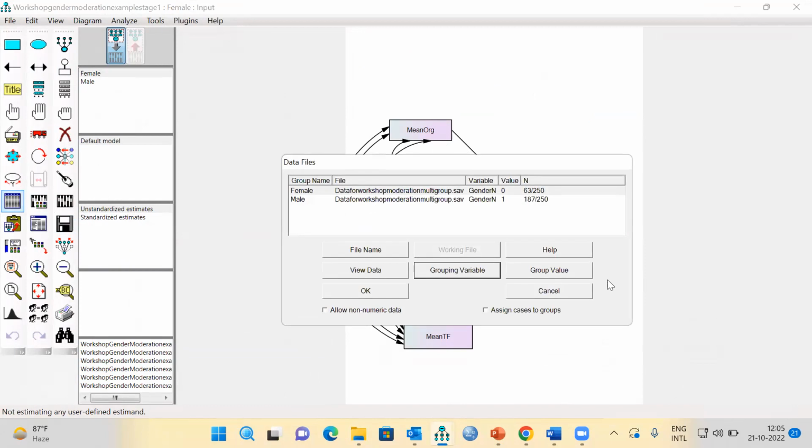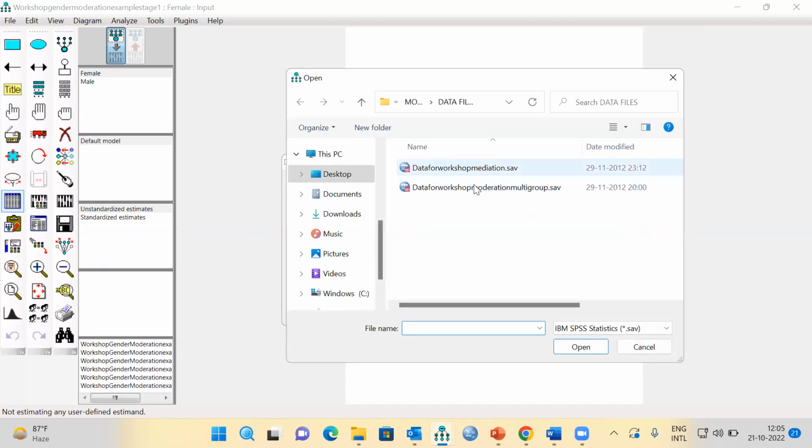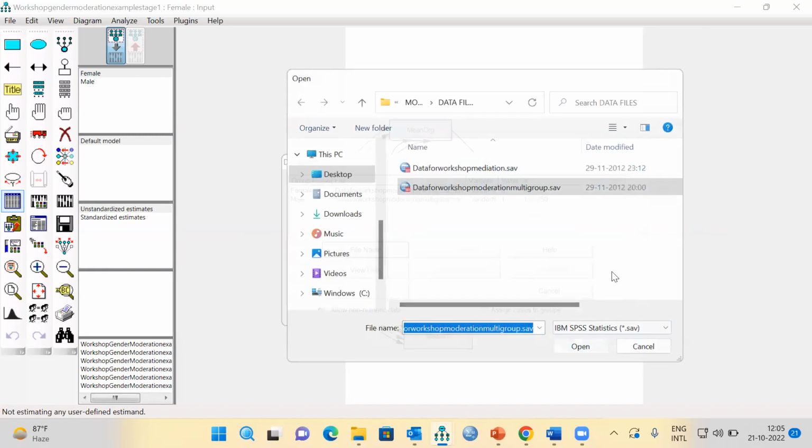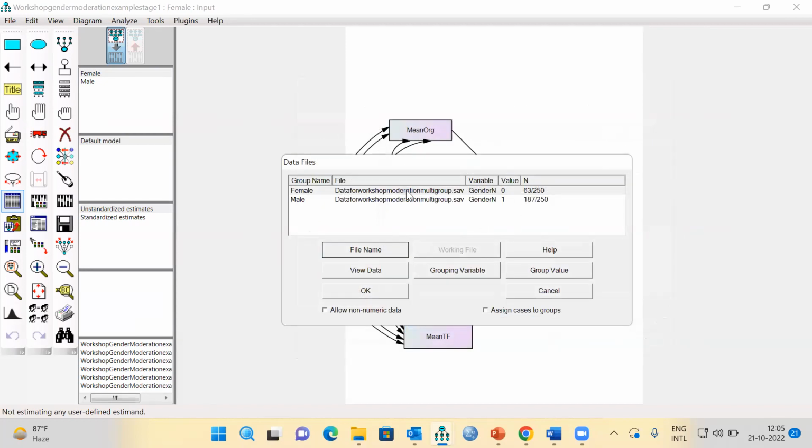Only thing is that in this case, you have to put the data file into 2 parts. As you can see, I have taken the same data file in 2 parts by dividing it into 2 groups. This is why it is called a multi-group analysis. So the moderator variable has divided the data into 2 groups. What I have done is that I have selected the file, and then selected the two groups.